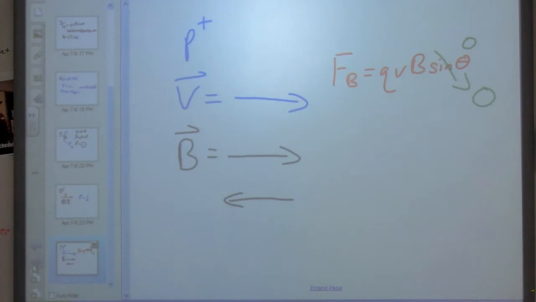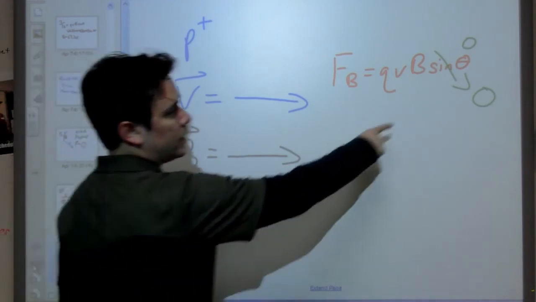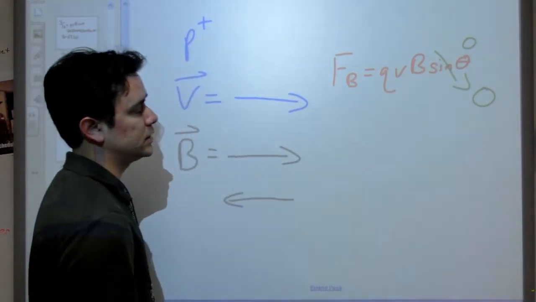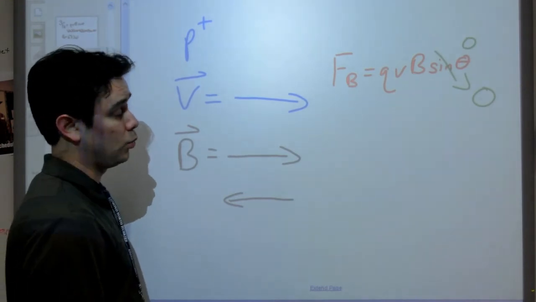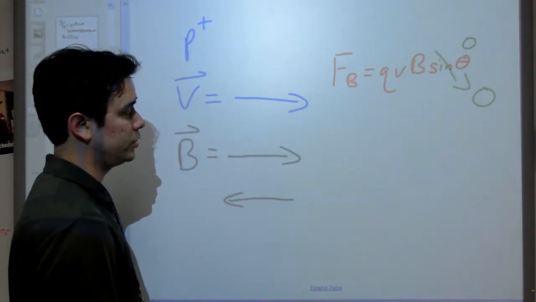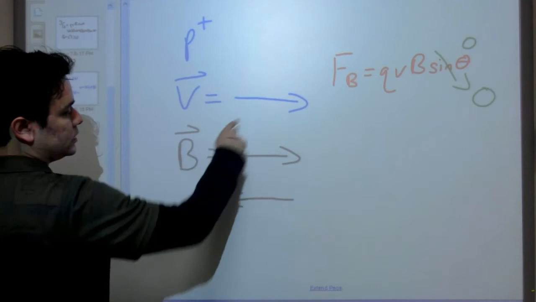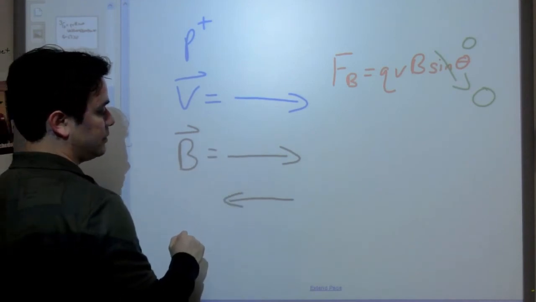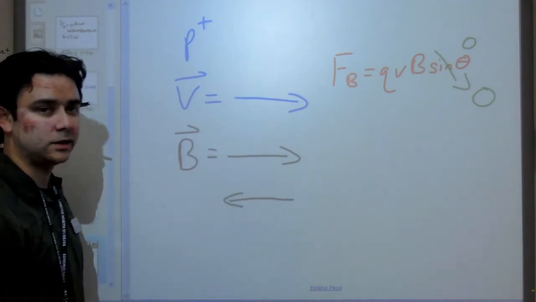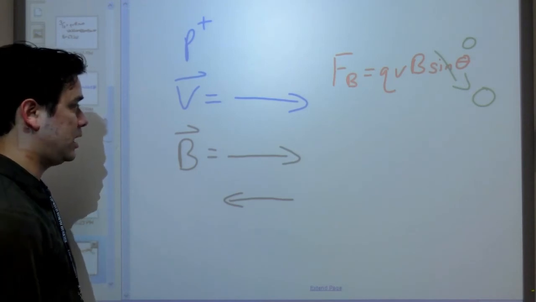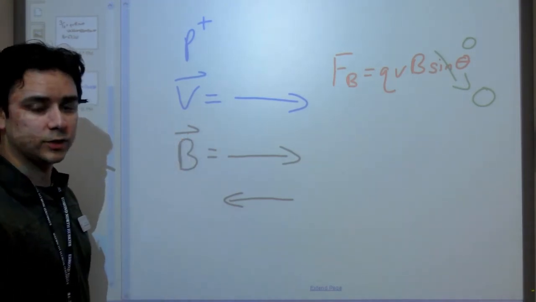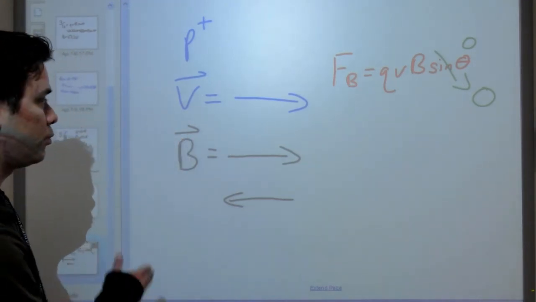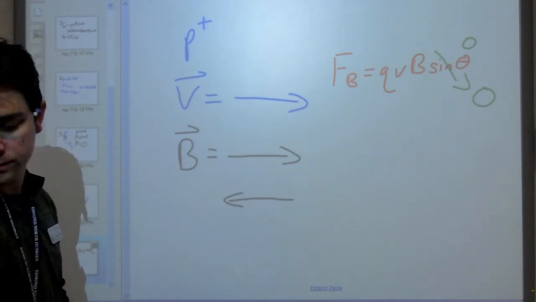I can't really figure out between the two. Well, again, if I plug in 180 instead of 0, sine of 180 is still 0. I end up with no force. If the velocity is moving in the same direction as the magnetic field, it ends up having no net force applied onto this charge. That's why whenever we look at them, we'll always see them where they're not quite going the same direction.